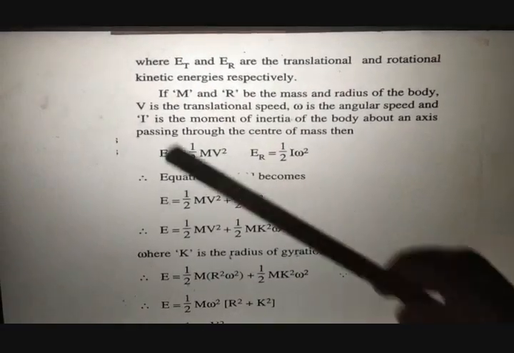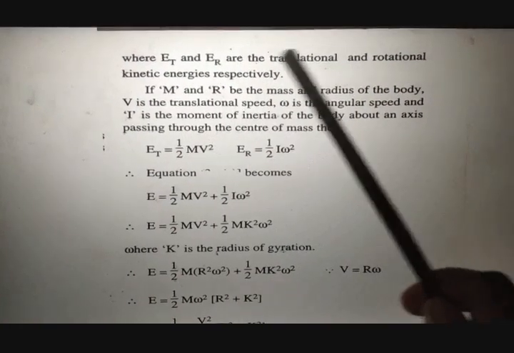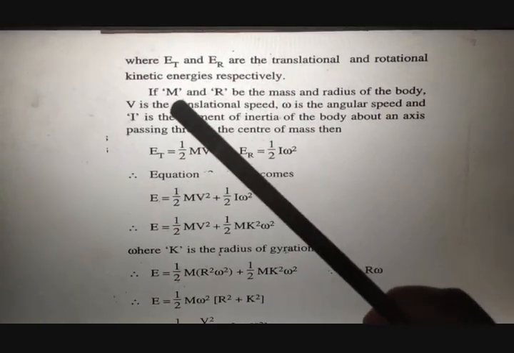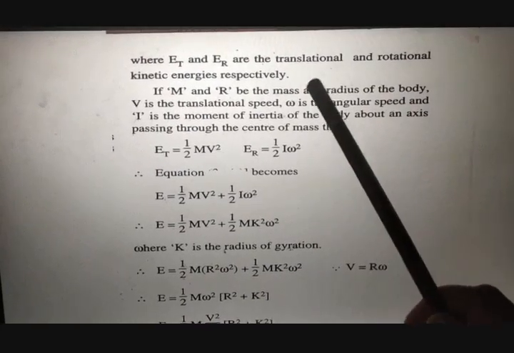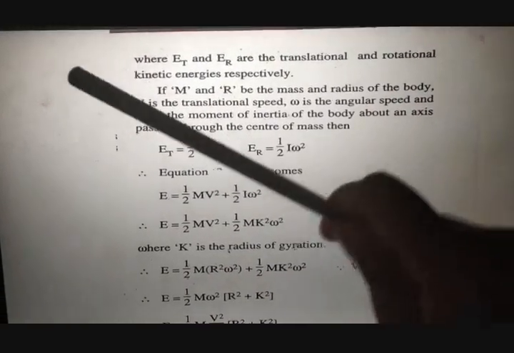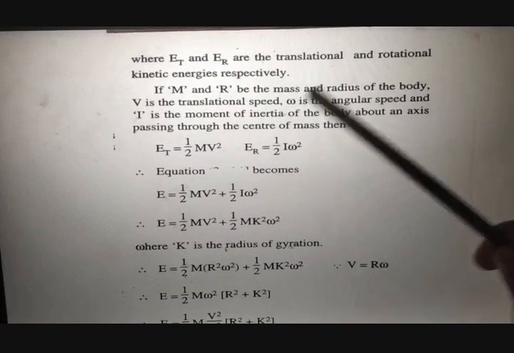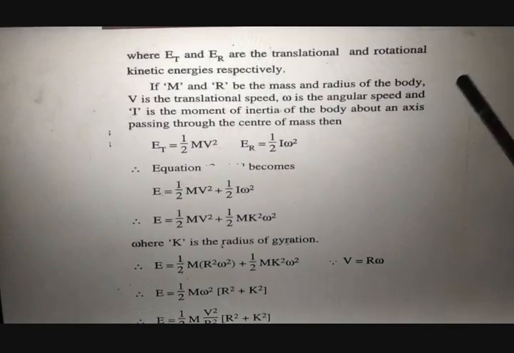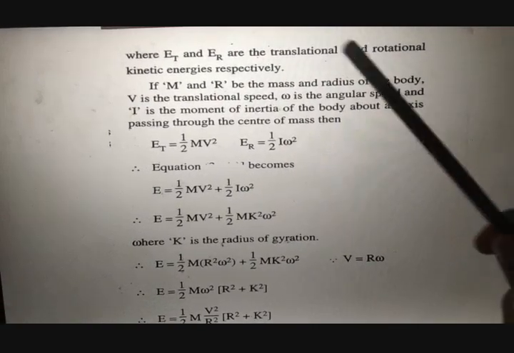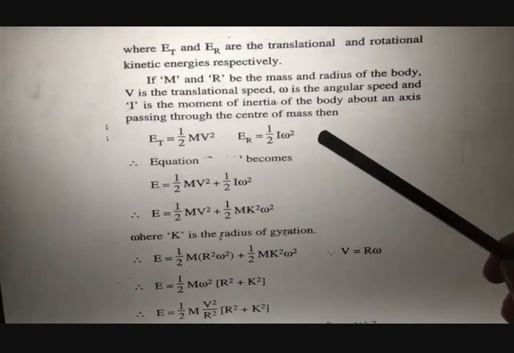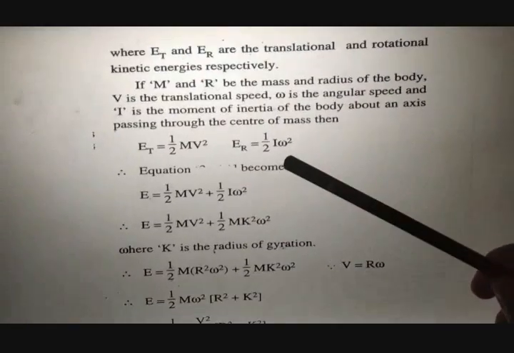Here ET will be translational kinetic energy, and ER will be rotational kinetic energy. As I have told you already, when a mass m with radius r is in rolling motion, v will be the translational speed, omega will be the angular speed, and I will be the moment of inertia passing through the center of mass.